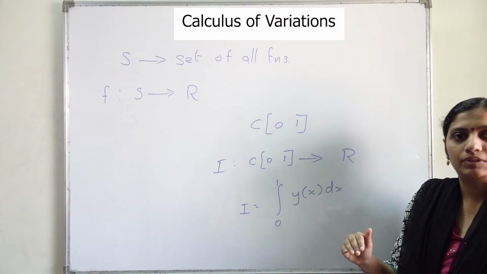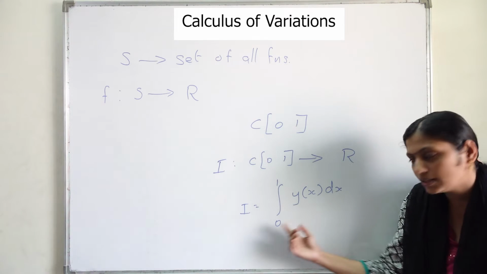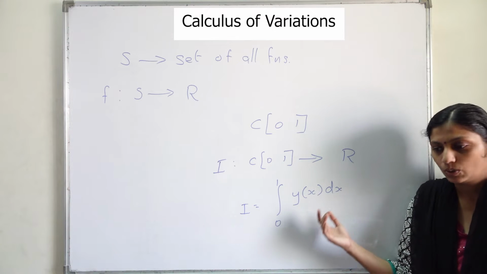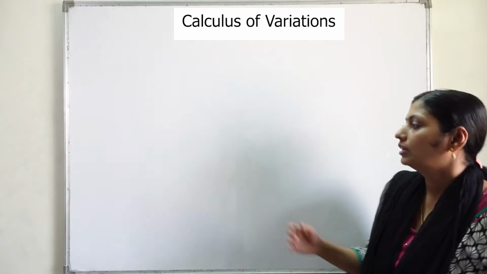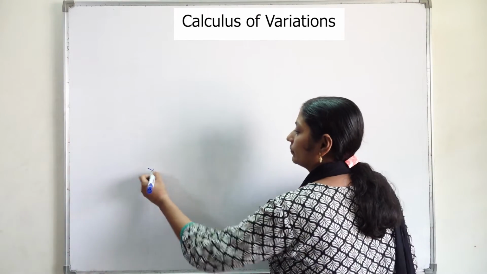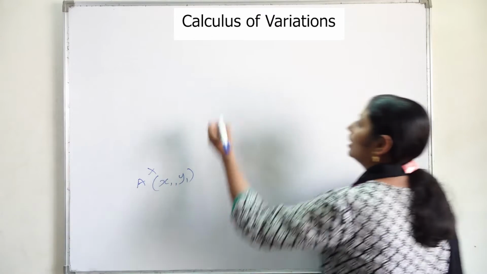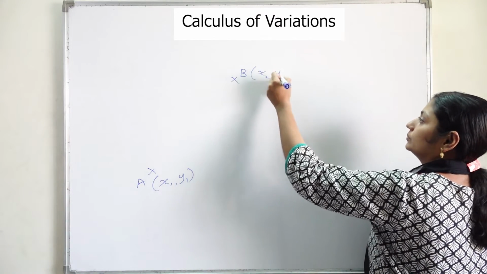In calculus of variation, our main aim is to find the maxima or minima of a functional. So I'll explain with one more easier example. Consider 2 points, say A of x1, y1 and B of x2, y2.